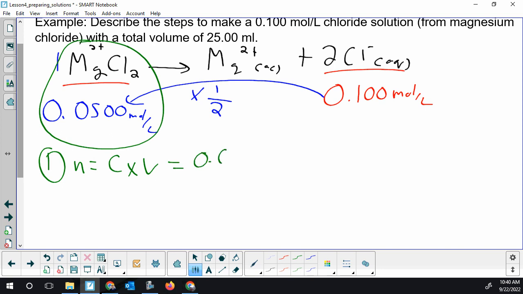So 0.0500 is the concentration of the solute that will double into our chloride, and 25 mLs, but we need that in liters. mLs up to liters is divided by 1,000. Now when I say up, I'm referring to page 3 in your Alberta data booklet that has all the prefix meanings, that have the bigger prefixes on the top. So I divide this by 1,000.